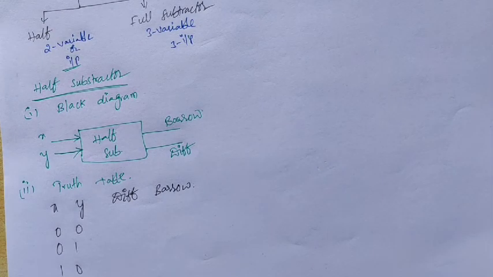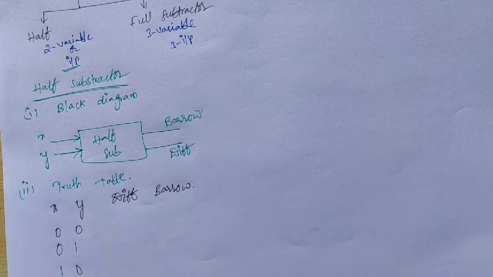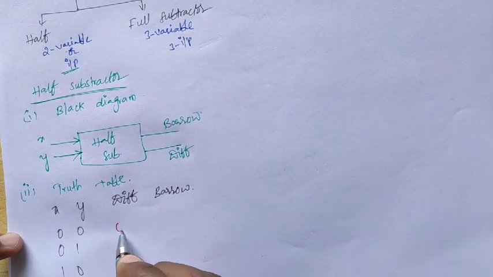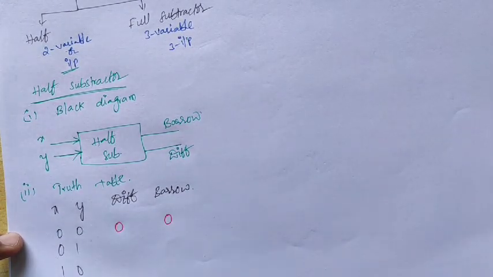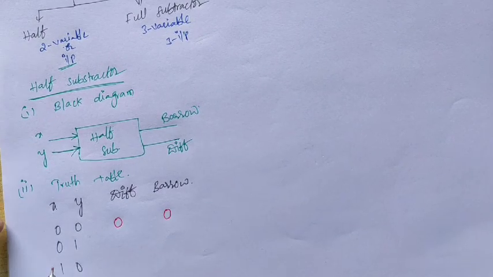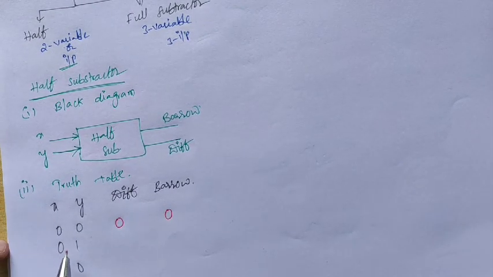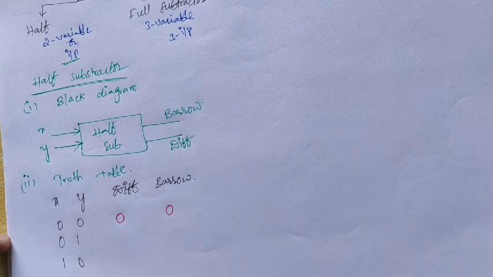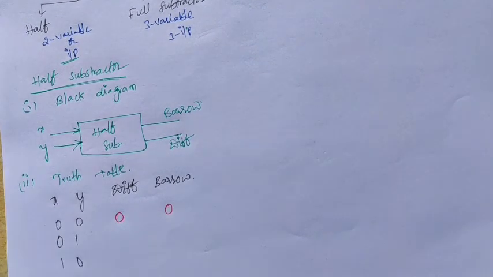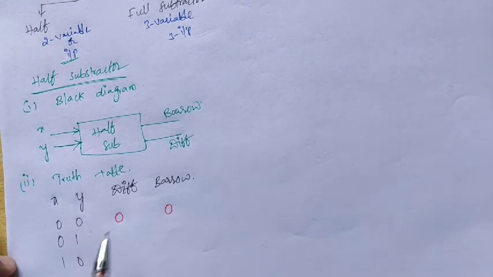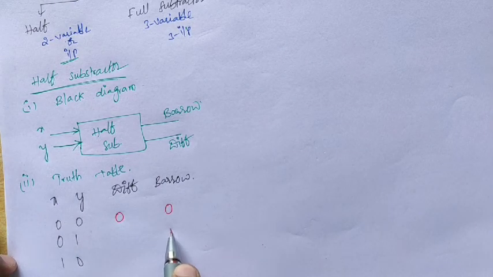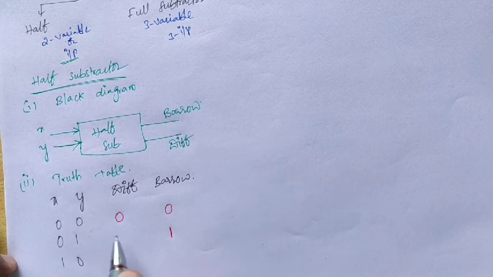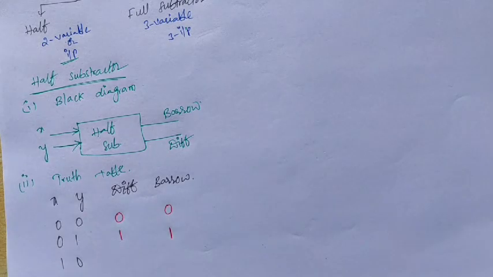Here 0 minus 0: the difference is 0 and the borrow is also 0. Here 0 minus 1: it is a small number minus a big number, so you should take a borrow.